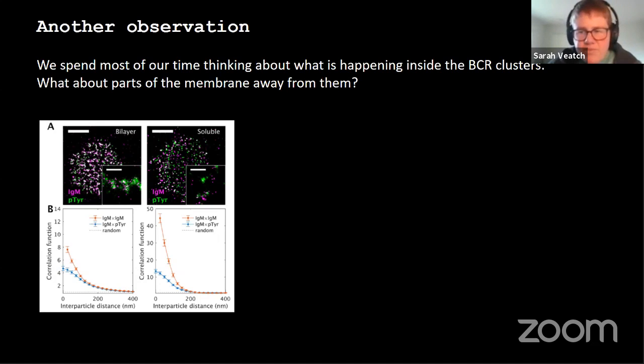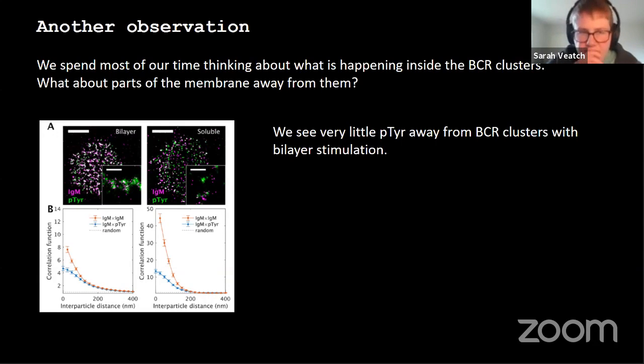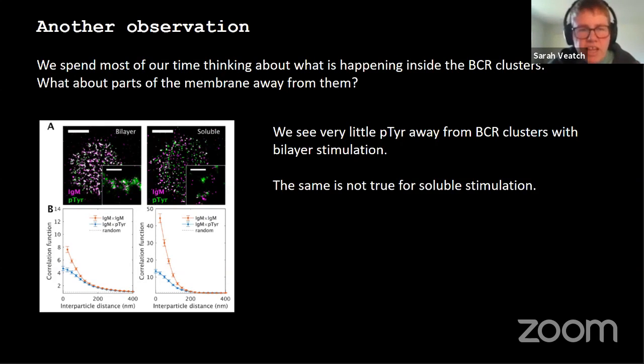But one thing that jumps out of some of our imaging measurements is that in cells stimulated by bilayers, there's very little tyrosine phosphorylation happening away from the receptor clusters. You wouldn't know a cell was there. They just don't label at all with these tyrosine phosphorylation antibodies. But this is not the same for the soluble stimulation. There are lots of places where this phosphotyrosine antibody binds that are away from B cell receptors.